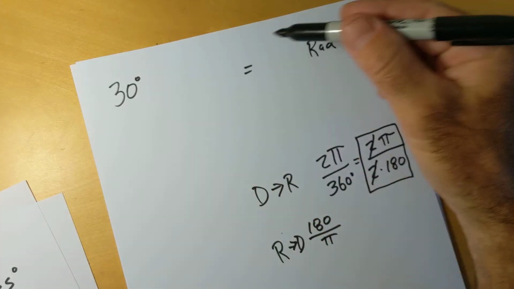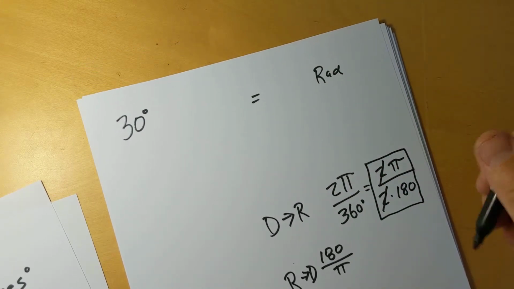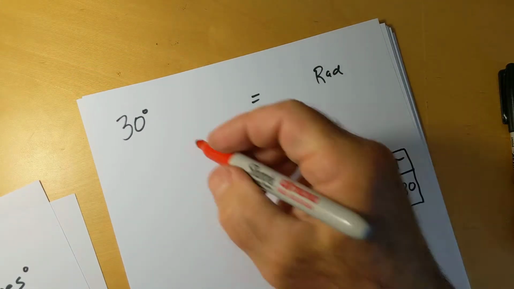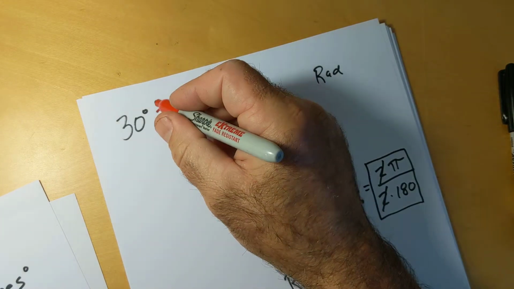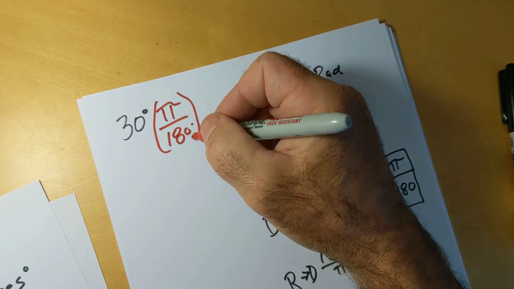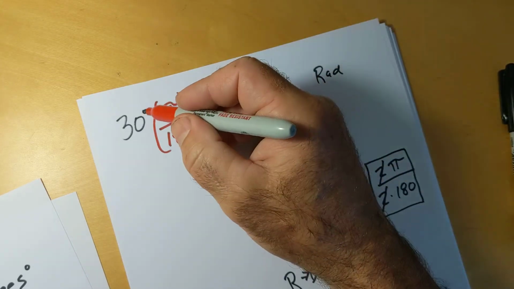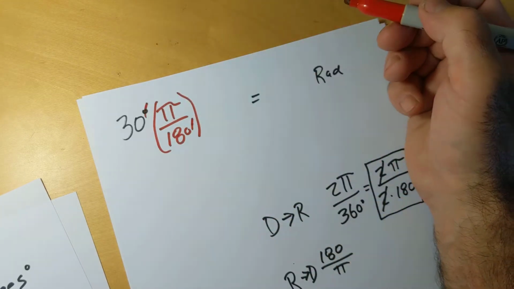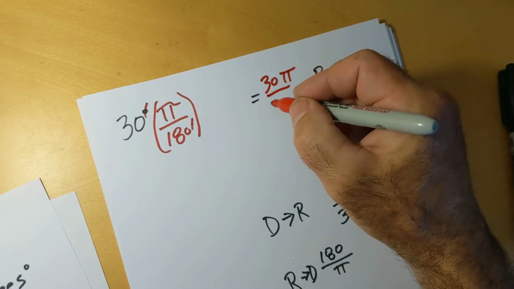So if I have 30 degrees, I want to go to radians. I have degrees to radians. I'm going to multiply by pi over 180. These things have the exact same value, the pi and the 180. So it's equal to 1. I'm multiplying by 1. My degrees cancel, and that's going to give me 30 pi over 180.